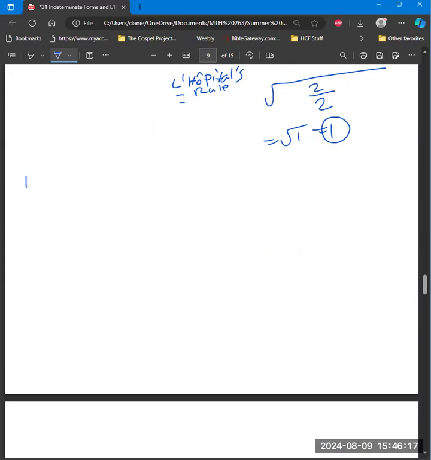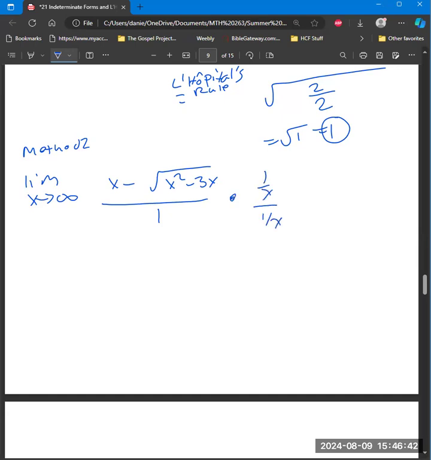So the limit as x goes to infinity. This is method 2 of the original problem, which was x minus the square root of x squared minus 3x, over 1. And let me multiply by 1 over x over 1 over x here early on, like we did earlier in Calculus 1.